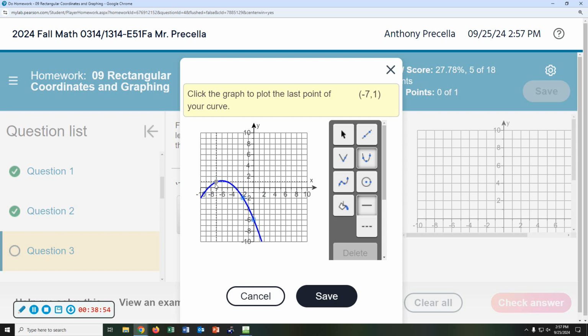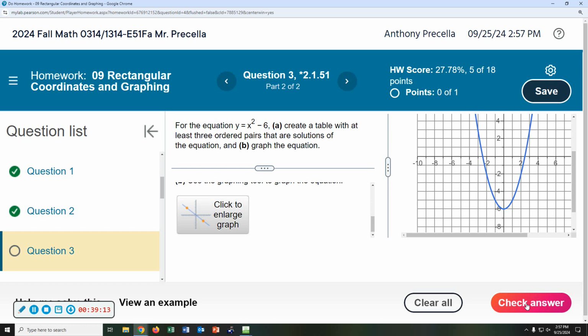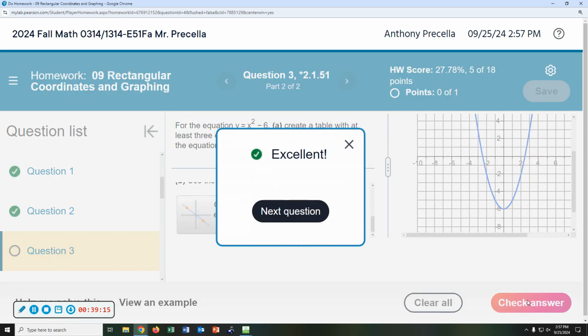Okay? The third point was what? Positive 2, negative 2, is that it? Y'all see where it says 2 comma negative 2 underneath that big X? So we click it, save it, it'll transfer the graph back to the original grid, check answer.